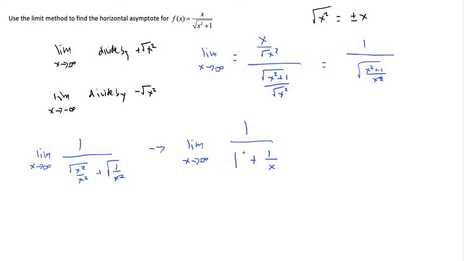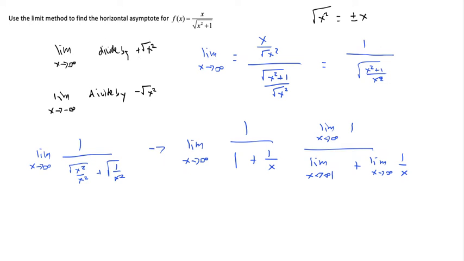All right, so now we can take the limit of each piece, using the limit laws. We have the limit as x approaches infinity of 1 divided by the limit as x approaches infinity of 1 plus the limit as x approaches infinity of 1 over x.